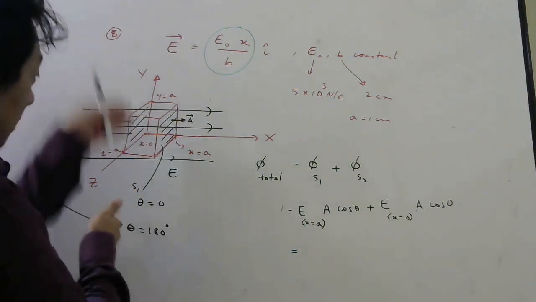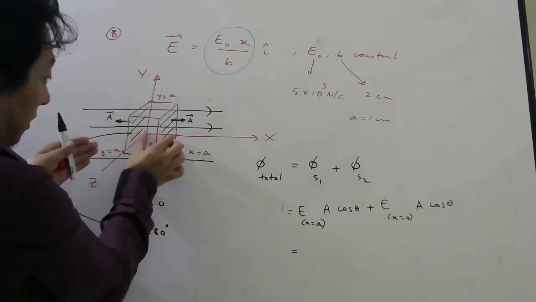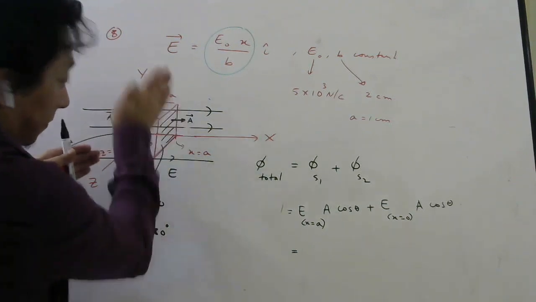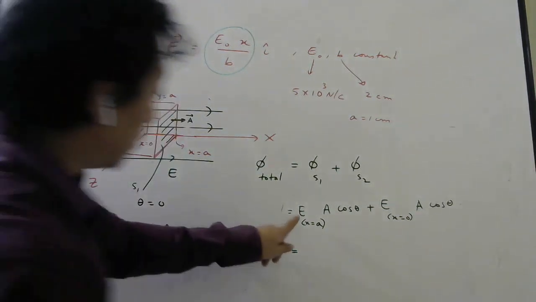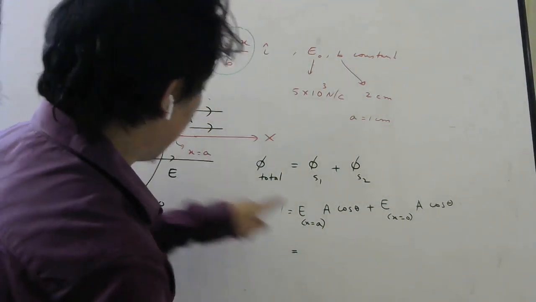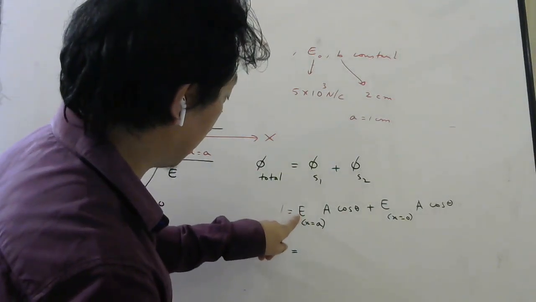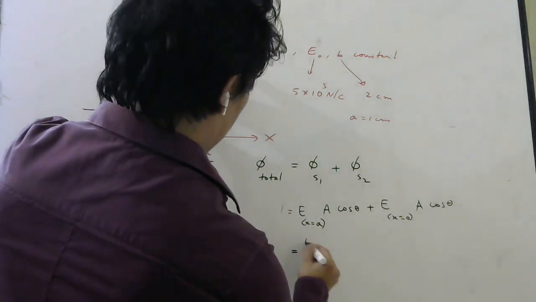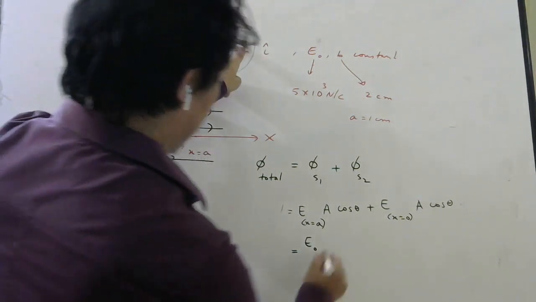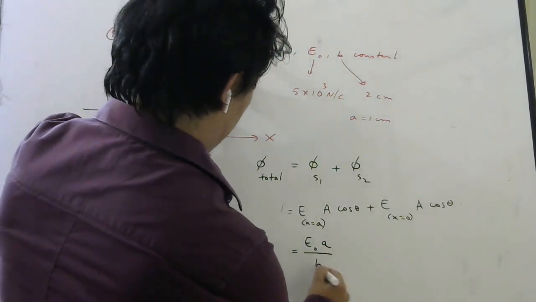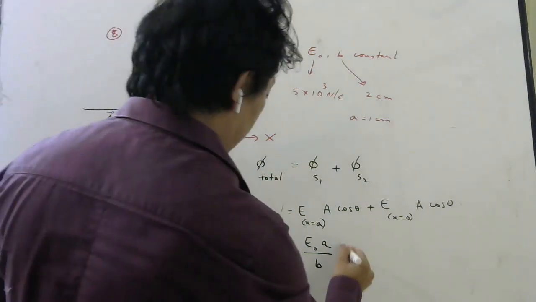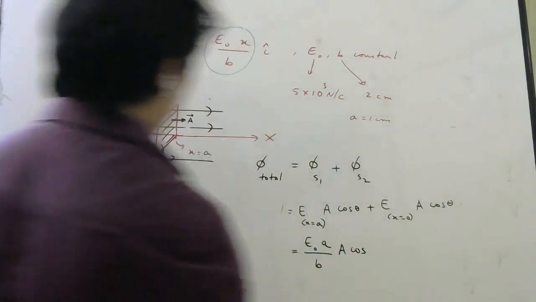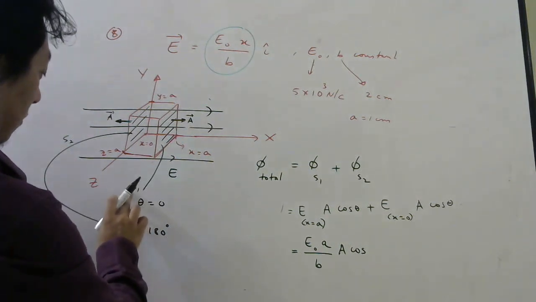This surface is at x equals 0 and this surface is at a distance of x equals a. So here we have to use whatever is the value of electric field at x equals a. So it will be E naught times a divided by b, into A cos of, what is the angle for S1?